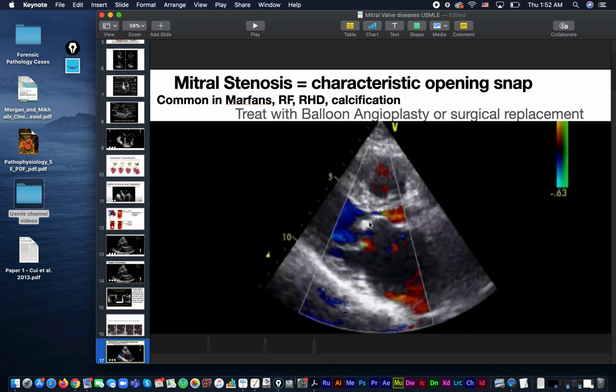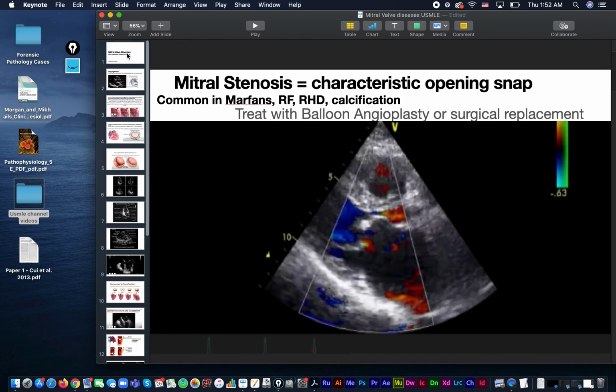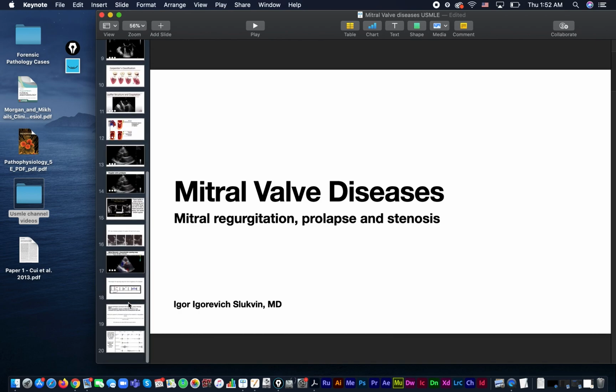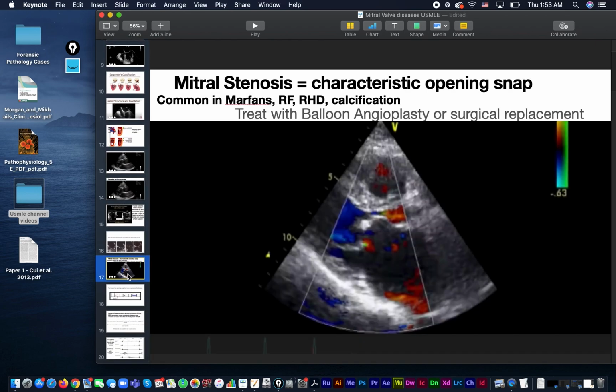This is the weird type of mitral valve regurgitation. Oh, and you know what? I just answered my own question... no, I didn't. Never mind. Forget what I just said. So this is the opening snap. You can see, why is the regurgitation going into the left ventricle? Regurgitation in all the other ones goes into the left atrium.